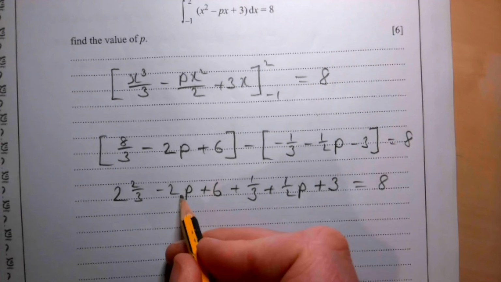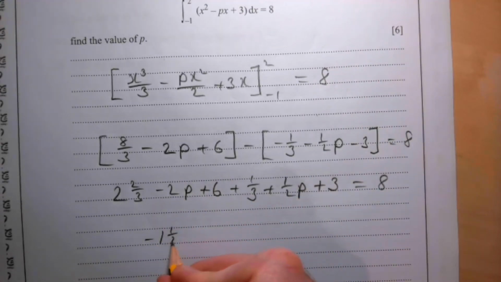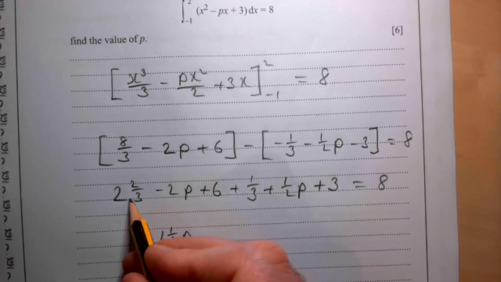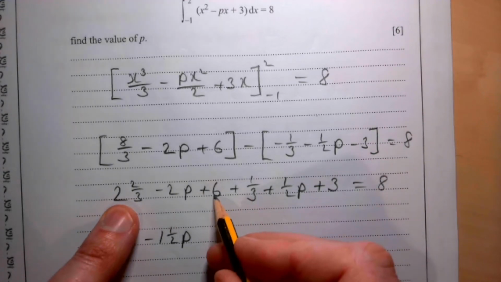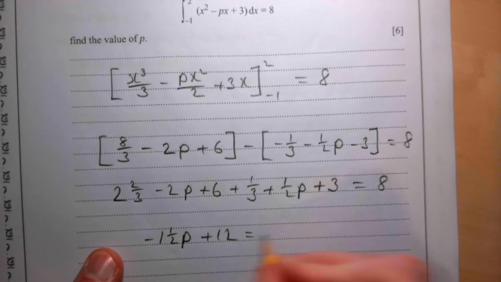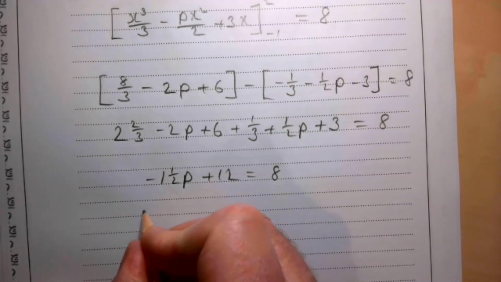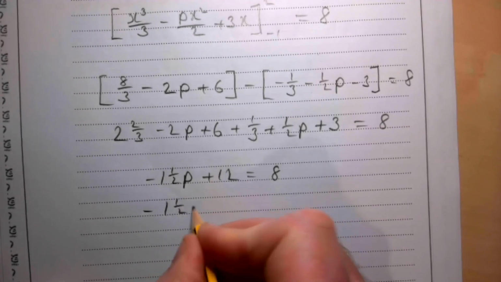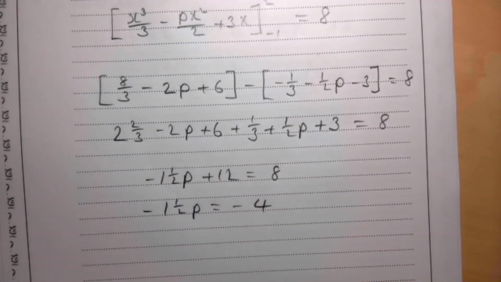So we have minus 2p and we have plus a half p, so that's minus 1.5p. 2 and 2/3 plus a third gives me 3, plus 6 plus 3, so that's plus 12, then equals 8. Minus 1.5p is then minus 4.